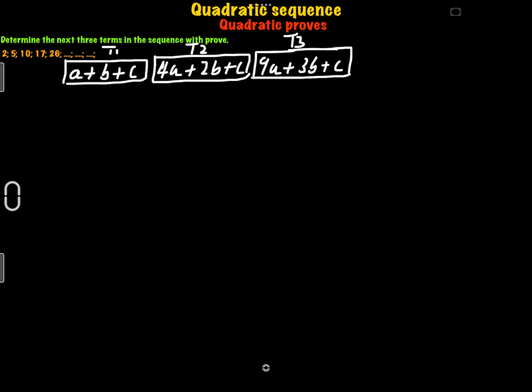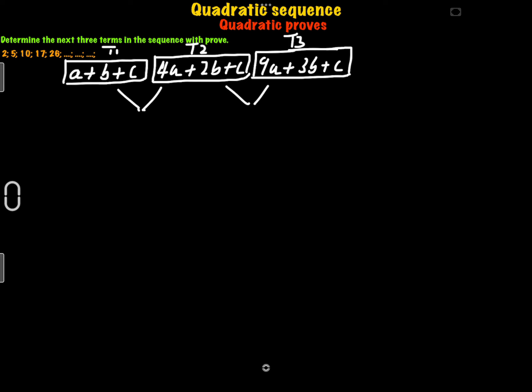Now, we need to understand how this concept works in mathematics, known as the shoe print method, which is to subtract term 1 from term 2, and equally subtract term 2 from term 3. We're going to have our terms linked in this fashion: term 1, term 2 and term 3.